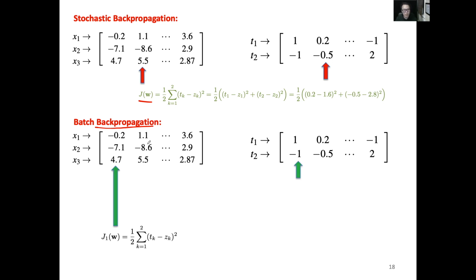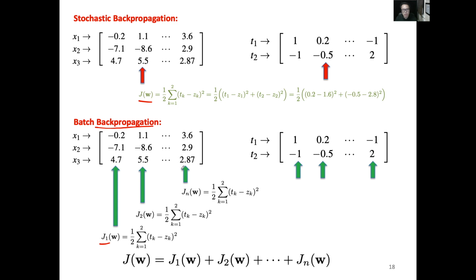When we consider the first sample, we can compute J1. When we consider the second sample, we can compute the training error J2 due to the second sample, and extend that to the last sample. So the total training error is the sum of J1, J2, up to Jn.